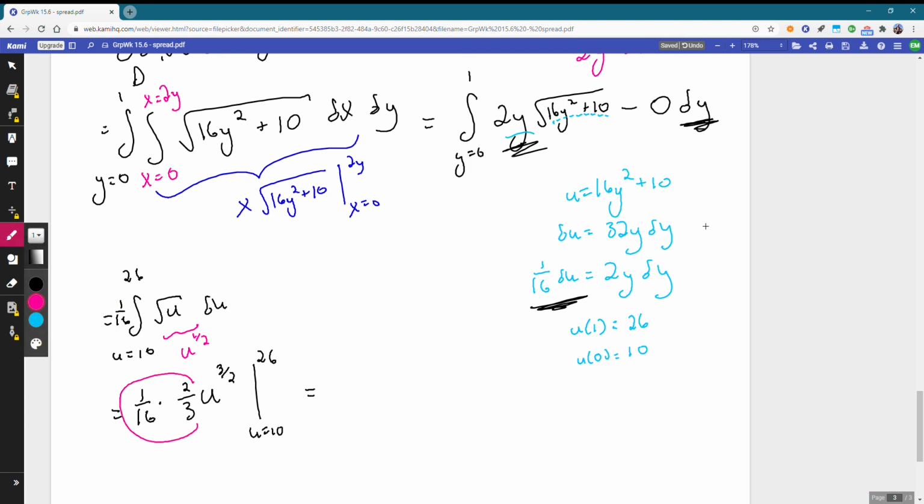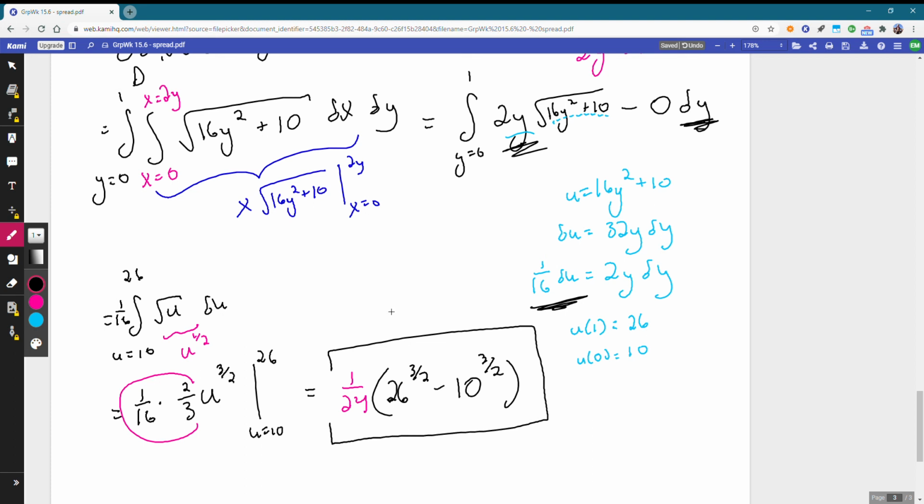We combine those, I guess we get 8 in the denominator with times 3. So 1 over 24. And then finally plugging in 26 for u, we'll get 26 to the 3 halves. And then we plug in 10, 10 to the 3 halves. And that is the exact form of the surface area.